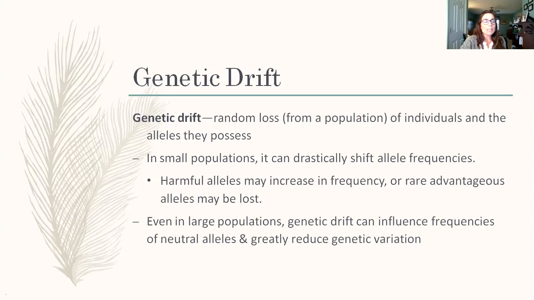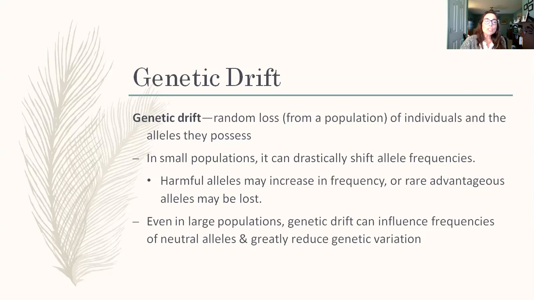It can be some sort of catastrophic event, but it has nothing to do with whether those alleles made the organism more fit for survival or not. So for example, a mouse's nest could have been washed away in a flood and all of the babies died. And so those alleles are now removed from that population.